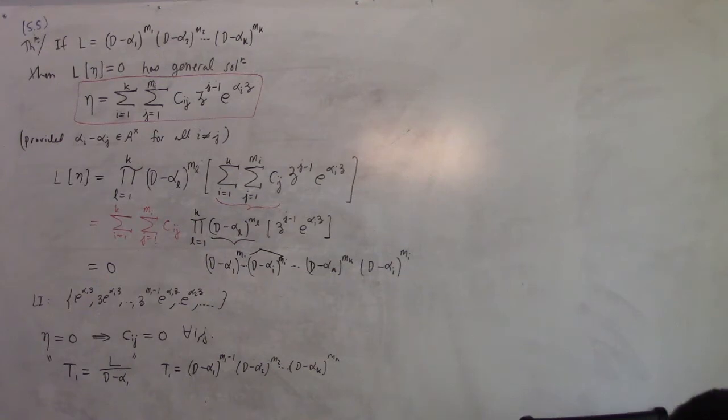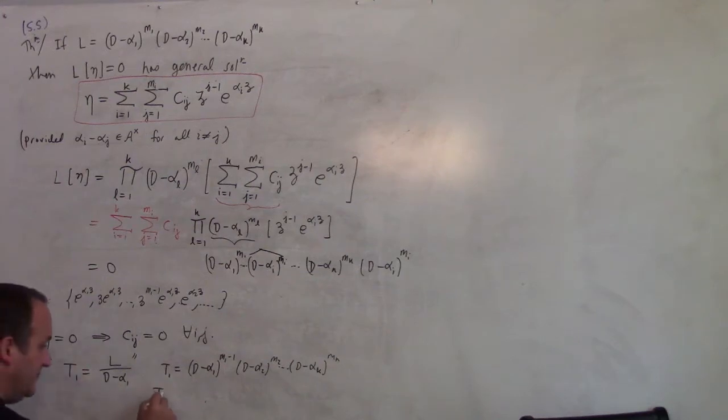So what happens when you take that operator and operate on eta? Well, that will kill everything except the product term, except for the top solution in the alpha 1 case.